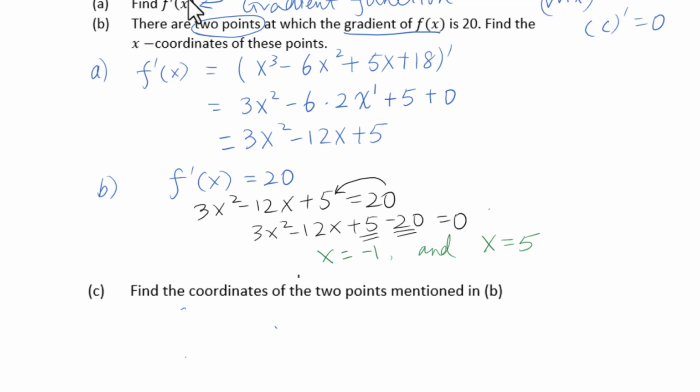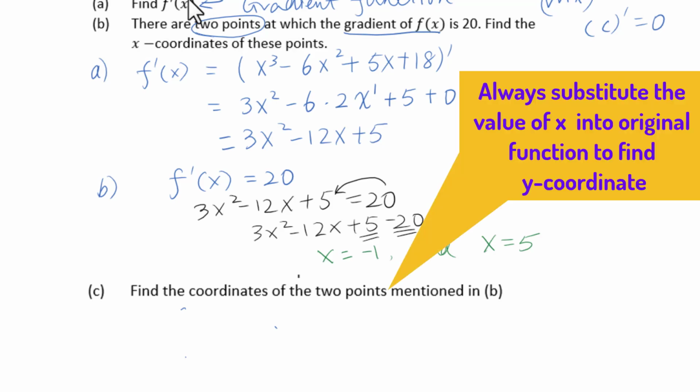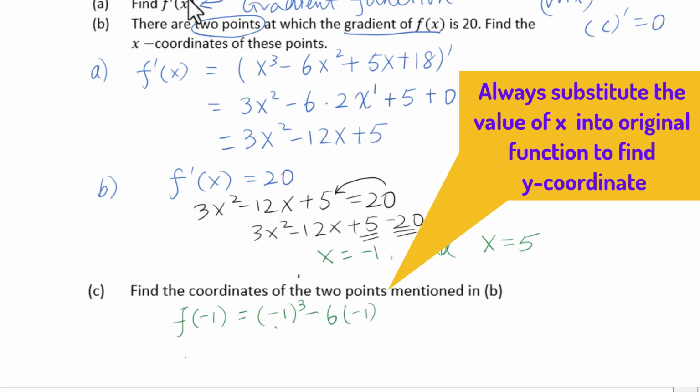Go to C. Find the coordinates of the 2 points mentioned in B. Since we already figured out x coordinates of these 2 points, we just need to figure out y coordinates. f of -1 equals -1 to the 3rd power minus 6 times -1 squared plus 5 times -1 plus 18 equals.